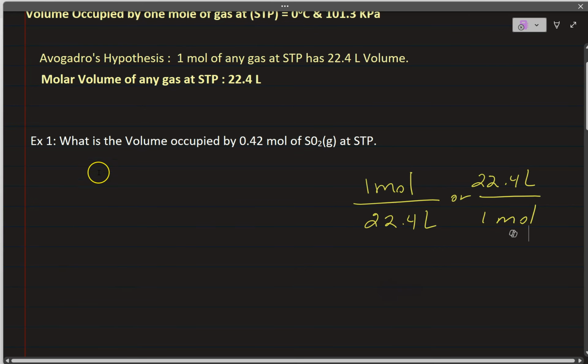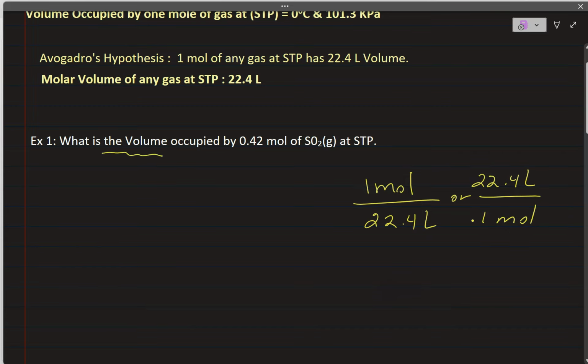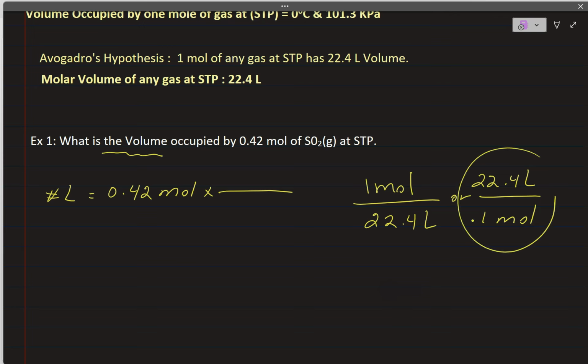All right, let's look at the first question. What is the volume occupied by 0.42 mole of sulfur dioxide? This is a gas, at STP. We want the volume, that means the number of liters. So number of L is equal to 0.42 mole times, and this is the dimensional analysis again, the conversion.